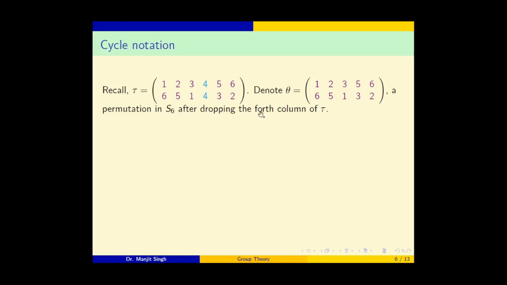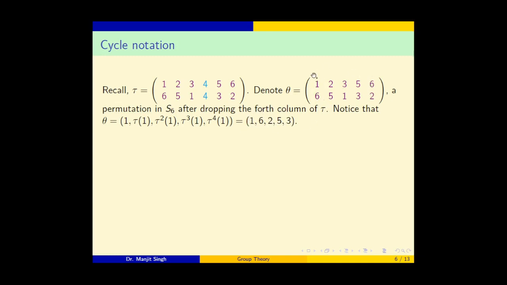After dropping this, notice that we can write theta in the following form. 1 has image tau 1, this is 6, and tau squared 1, this is 2 here. So 1 has image 6, and 6 has image 2, 2 has image 5, and 5 has image 3, and 3 has image 1.